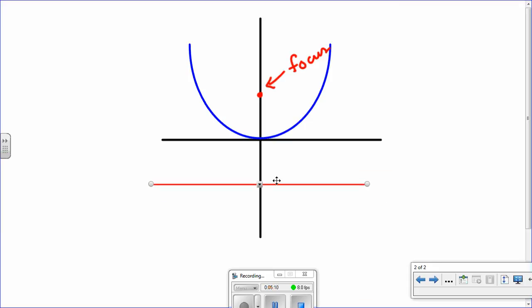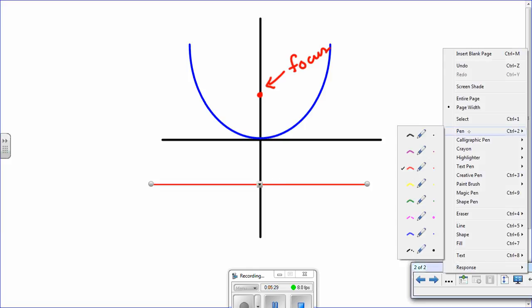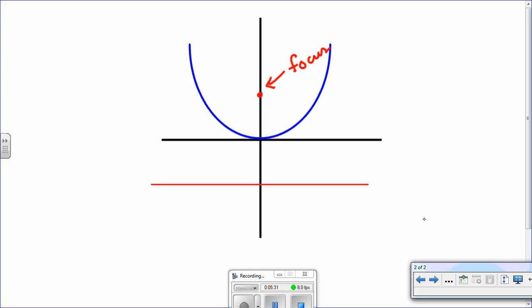Basically, what happens with this focus and this directrix is any point on this parabola is the same distance from the focus that it is from the directrix. When it said it was equidistant, it means equidistant from each other.